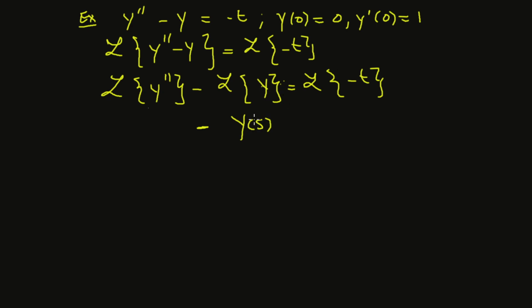But this we don't know what this is, so let's leave it as it is. And we do know from the table for t what that is, right? Because t is to the power 1, so it's going to be 1 factorial over s to the power of 1 plus 1, which is s squared, because we're moving to s, right?